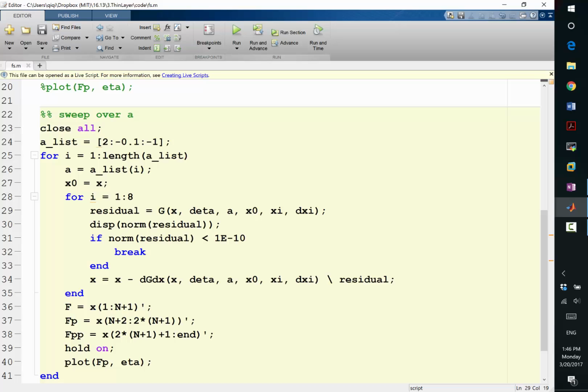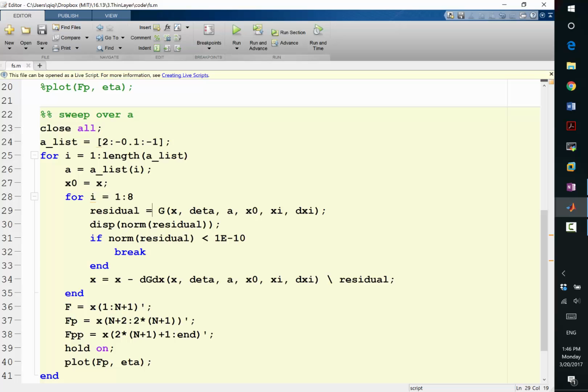Okay, so here, in order to solve the Faulkner-Skan solution, we just need the memory term to be 0, right? Remember what the memory term is? What should we do to set the memory term to 0? Yeah, right.